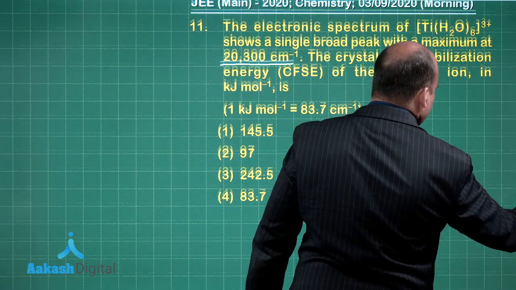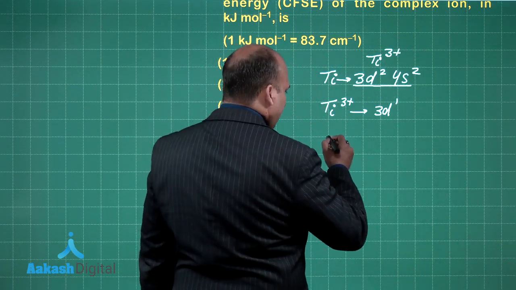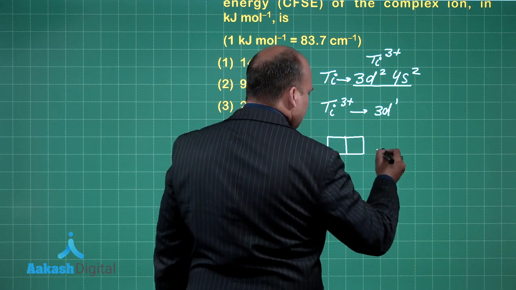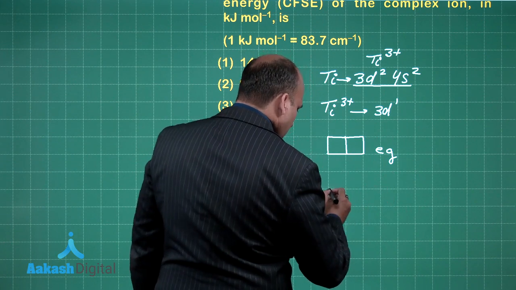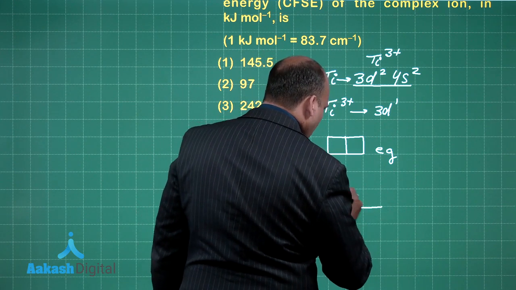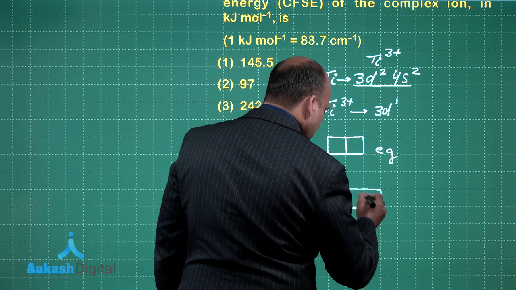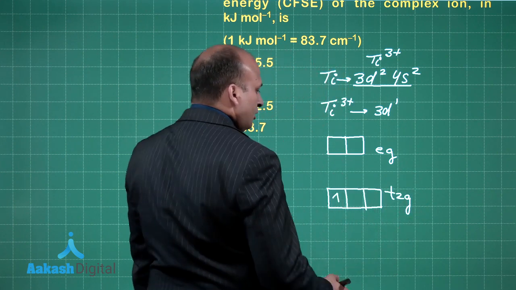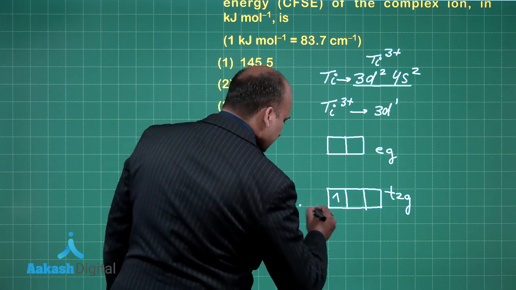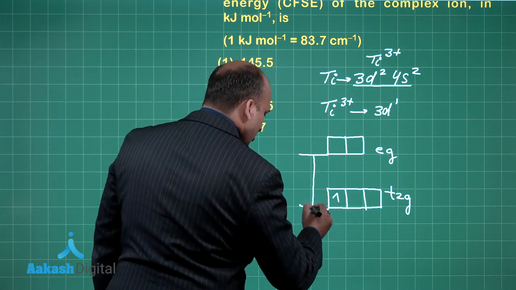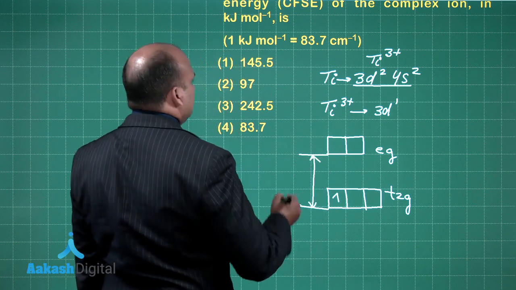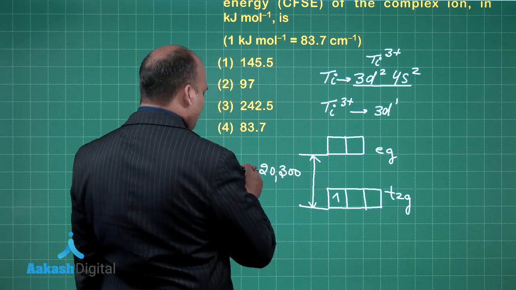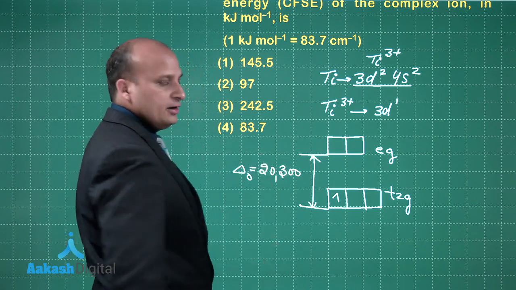If we go for octahedral crystal field splitting, I will have no electrons in the Eg and only one electron in the T2g. Now the energy difference, that is the delta naught over here, is given to be 20300 centimeter inverse. Right, dear friends.